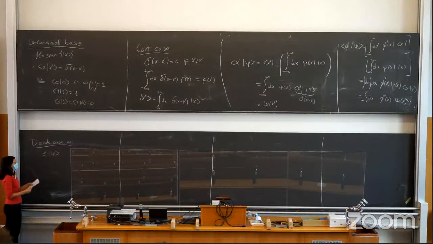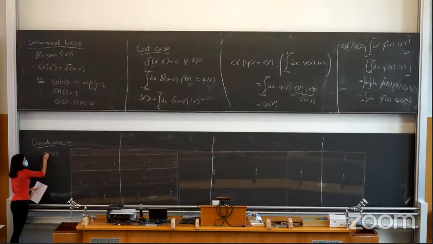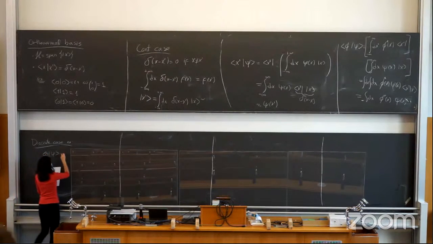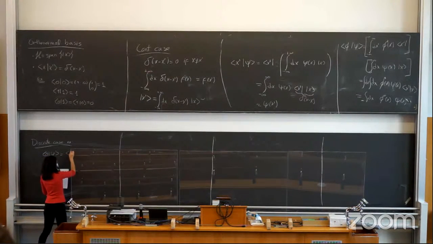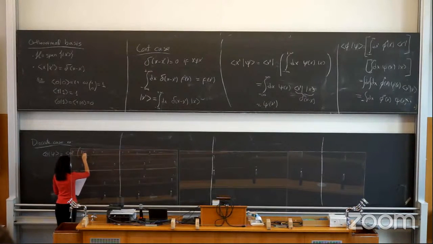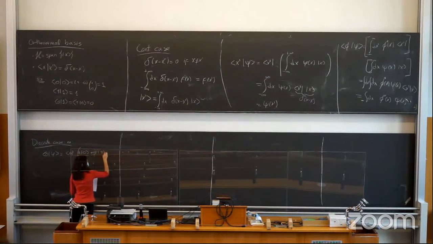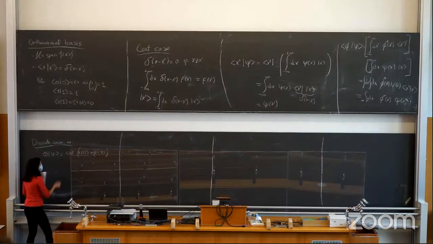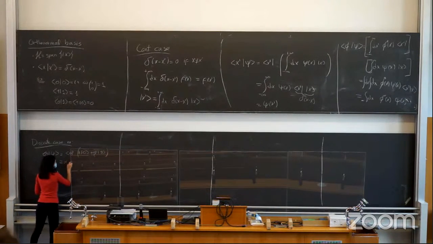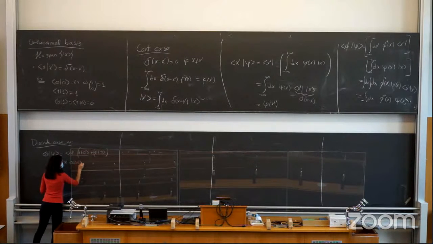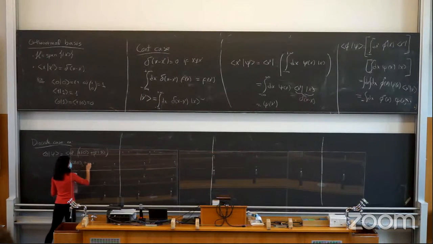Let's just put one of them here, like the 0. And what's this? So this is 0 times the state, alpha 0 plus beta 1. And this is again alpha. Alpha is just a number. It's associative.